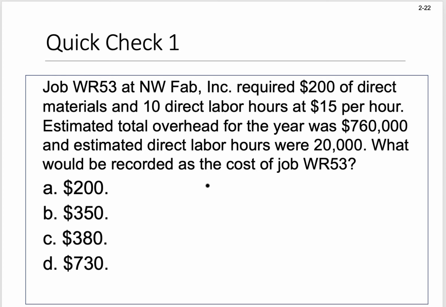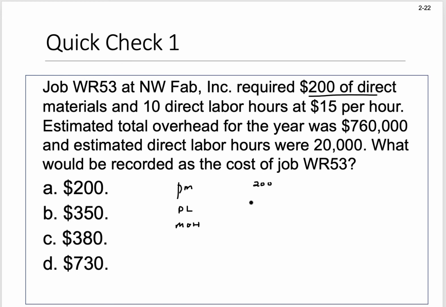Okay, so we know to get the cost we need direct material, direct labor, and MOH. Well, the problem tells us that $200 of direct material was used. So our direct material is $200. How do we calculate direct labor?